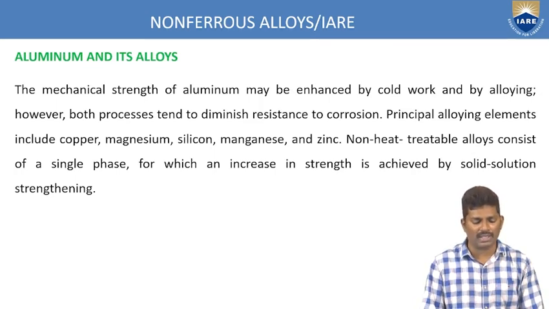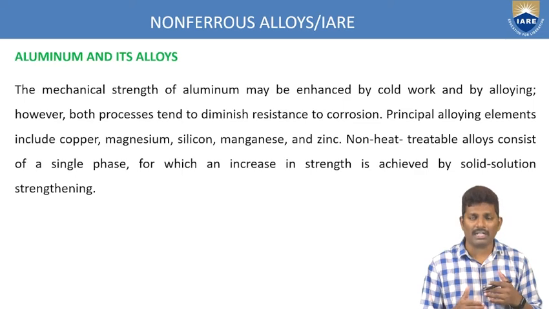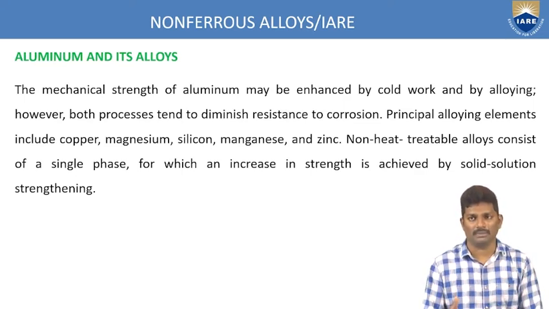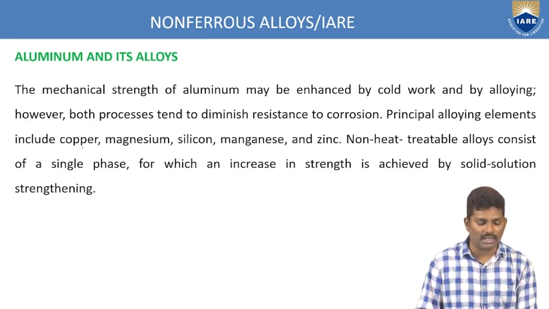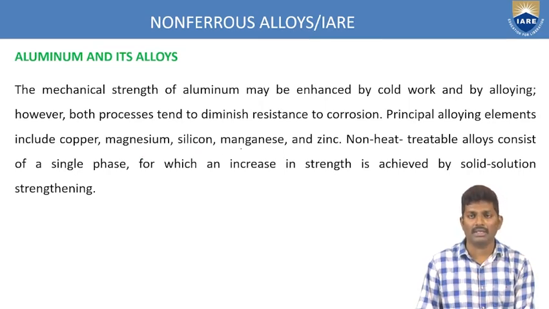The principal alloying elements include copper, magnesium, silicon, manganese and zinc. So these are the different types of alloying elements we can involve in the aluminum so that you can enhance the mechanical properties. So what are those? You can combine copper with aluminum, copper with magnesium, copper with silicon, copper with manganese as well as zinc.